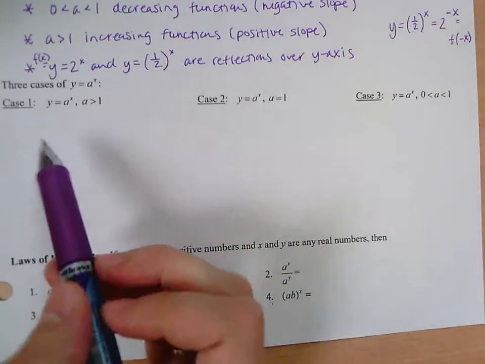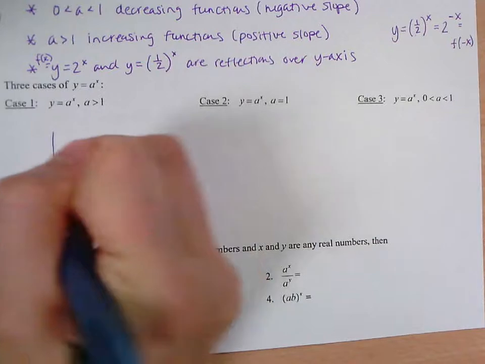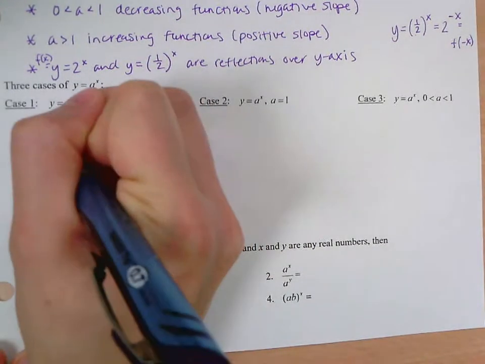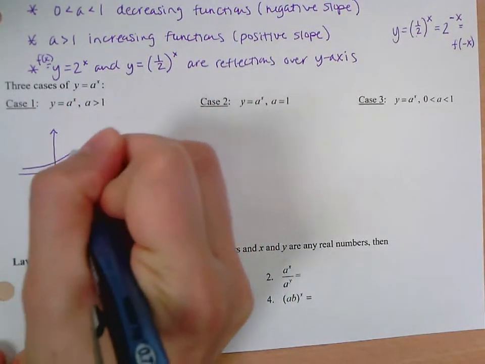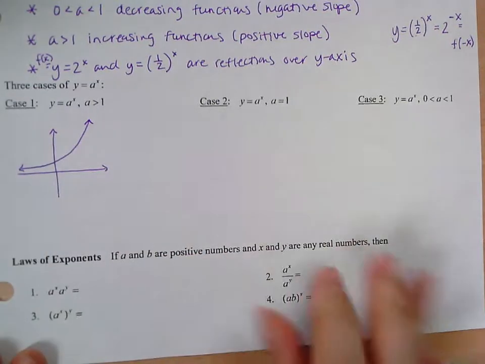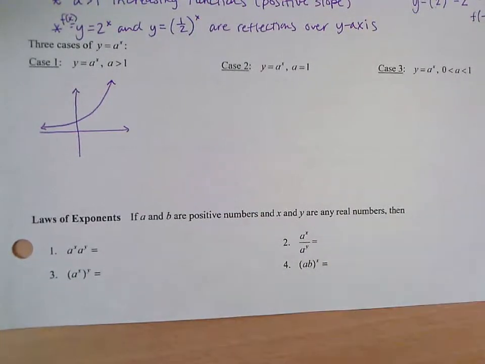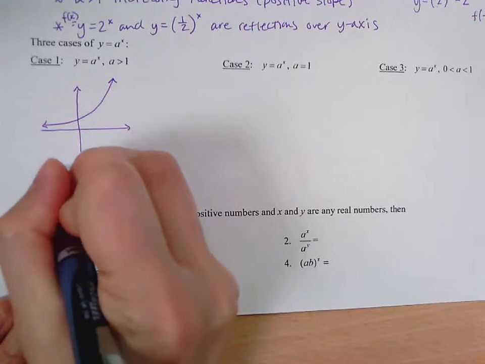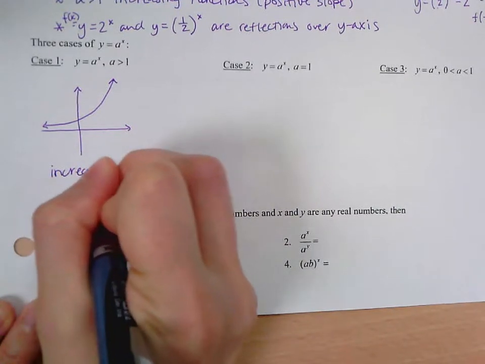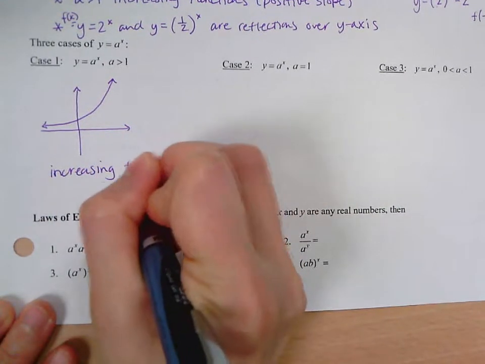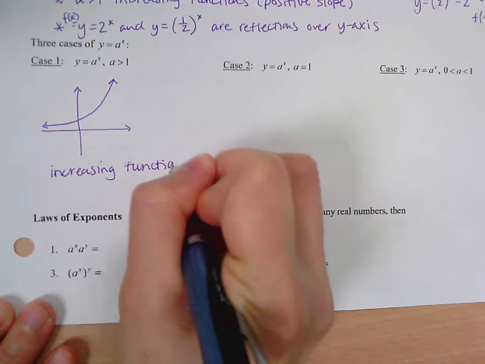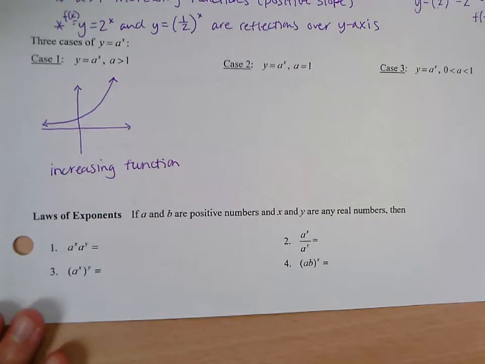So if a is greater than 1, you will have an exponential function that is increasing. Okay, so this is just characterizing based on the a value. So the function will be increasing if a is greater than 1. I know we had already talked about that in our relationships above.